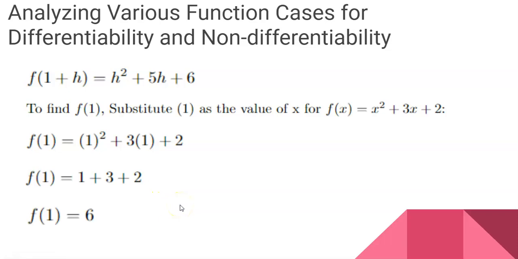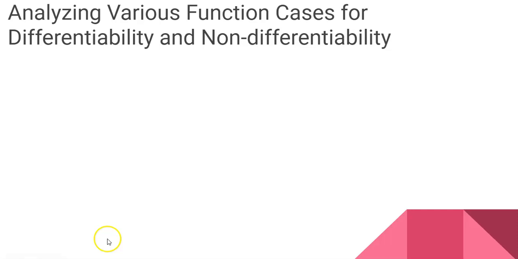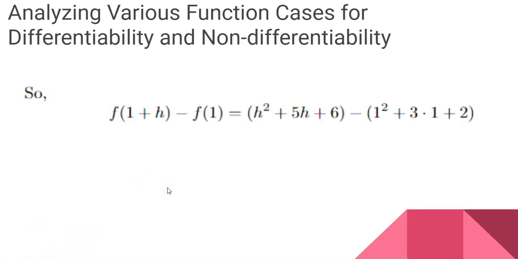So we can say that f of 1 is equal to 6. Now let's compute for f of 1 plus h minus f of 1. Substitute f of 1 plus h with h squared plus 5h plus 6. Then substitute the value of f of 1 with 6.